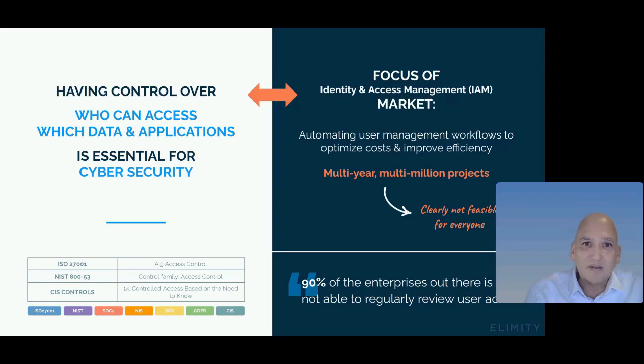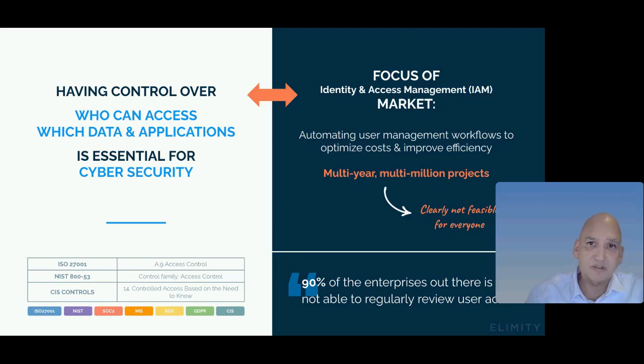And these IGA solutions are very powerful. They implement all of the joiner mover leaver processes. These solutions provide a single view of identity and access data across the organization. But setting up such an IGA can take months up to years. Mostly years rather than months.